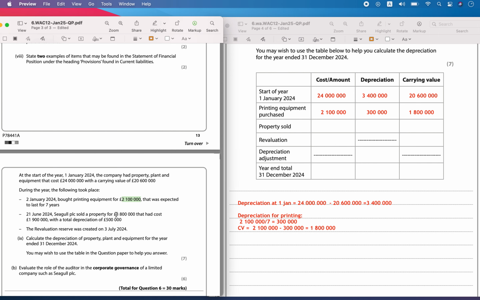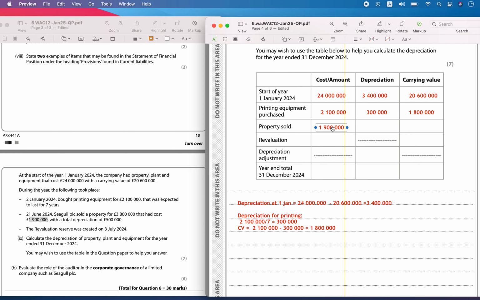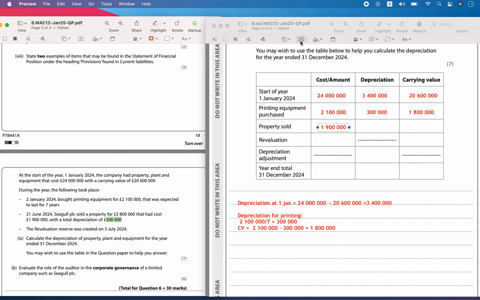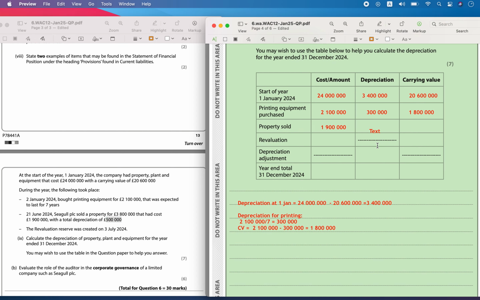Then there was a property sold. The property which had a cost of 1.9 million was sold, and the total depreciation was 500,000. So let's write it here, 500,000. So the carrying value for this will be equal to 1.4 million.